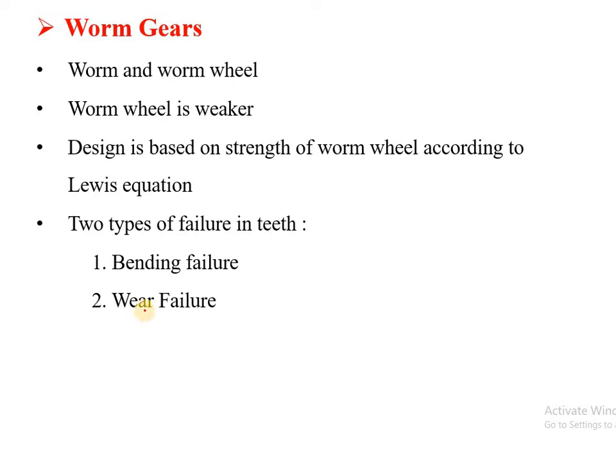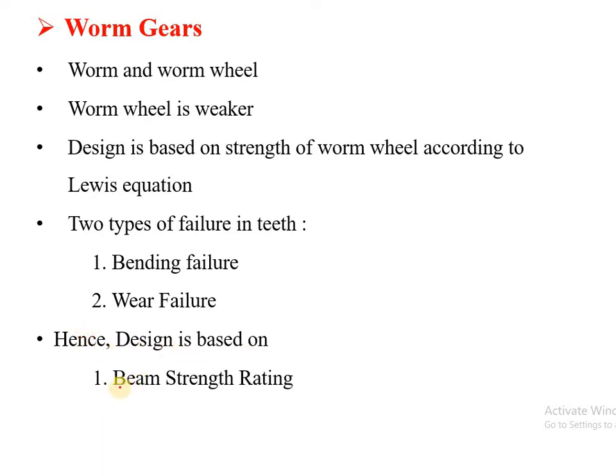Wear failure is also called pitting failure. Now our design is based on this: for bending failure, the design is based on beam strength rating. To overcome bending failure, we have to go for beam strength rating. To overcome wear failure, we have to go for wear strength rating.